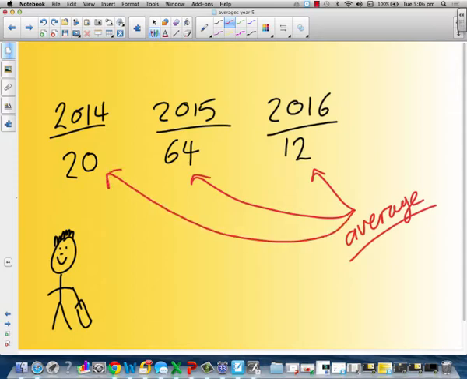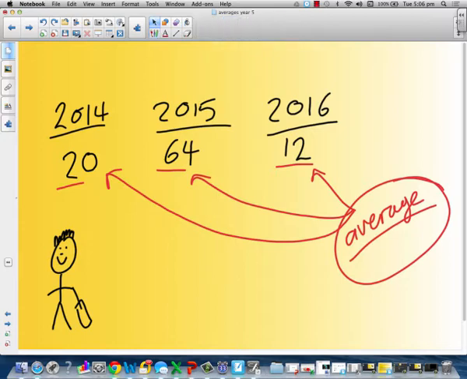I don't want to have to tell you that Fred scored 20 runs in 2014, 64 runs in 2015 and 12 runs in 2016. I want to give you one number that sums all that information up. That number is what we'd call the average. So I can say, per year Fred's scoring about this many runs.